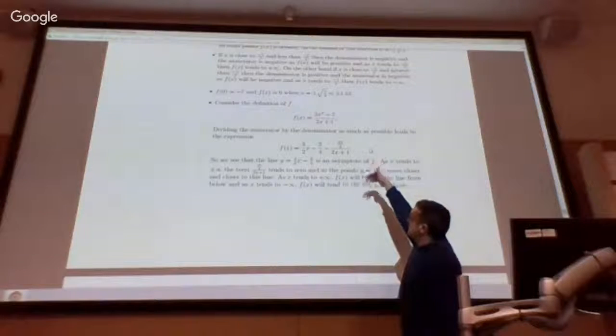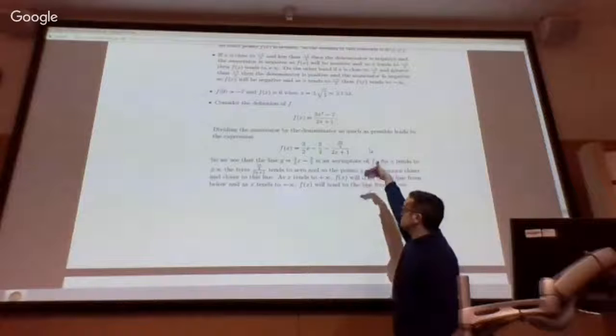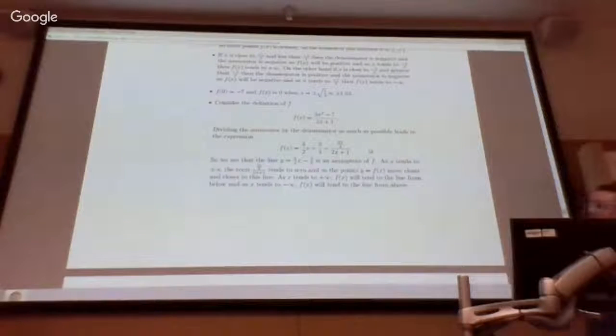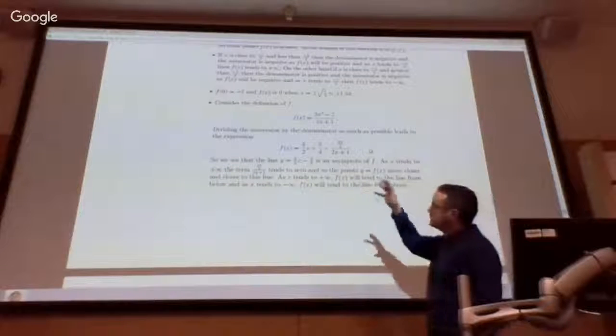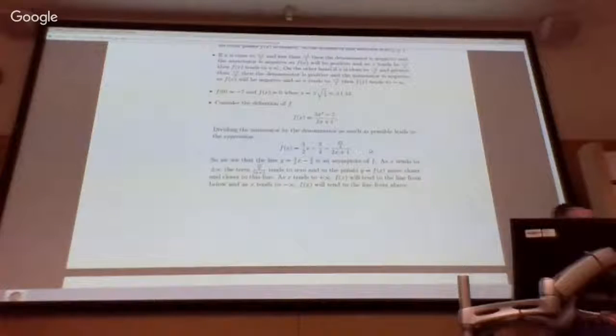The fraction bit is going to be negative because there's something over 2 times something large and negative plus 1. So the fraction will be negative, but then the negative sign in front of it turns it positive. With that information, you know where the graph of the function is relative to the asymptotic line, whether it's converging to the asymptotic line from above, with a positive error term, or converging to the asymptotic line from below, where there's a negative error term.